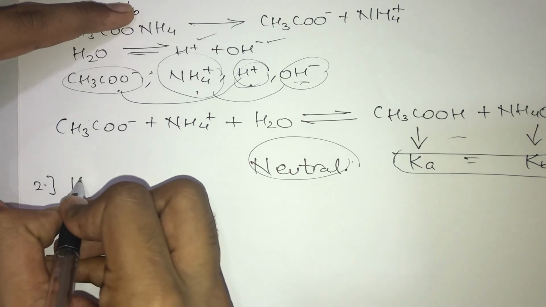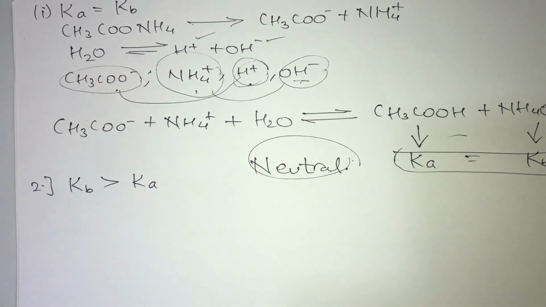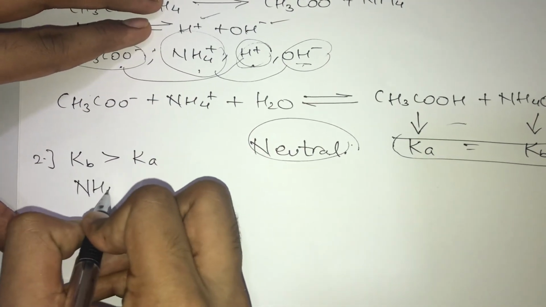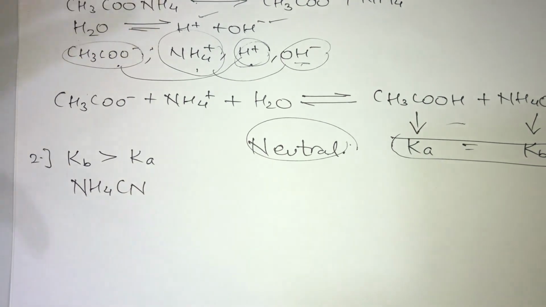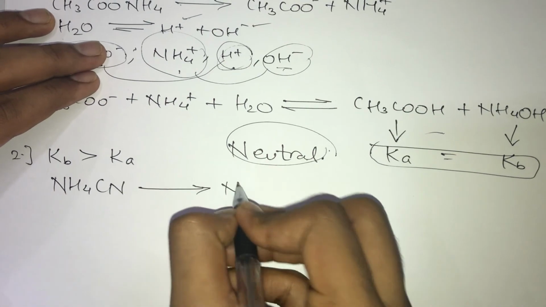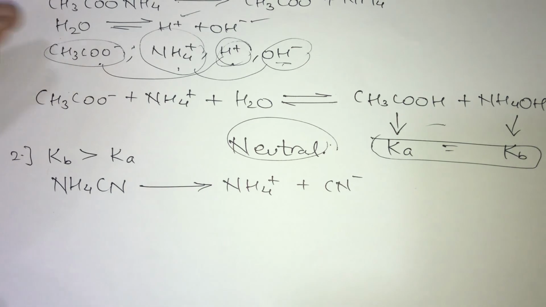In the second case, let's say your Kb value is greater than Ka, and let us consider a salt NH4CN. This salt NH4CN, being a strong electrolyte, will dissociate into its ions, NH4 plus and CN minus.